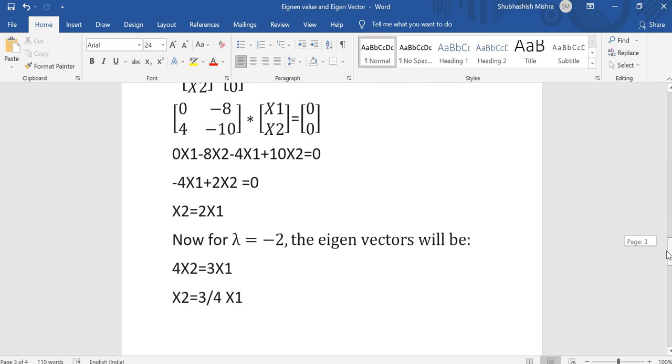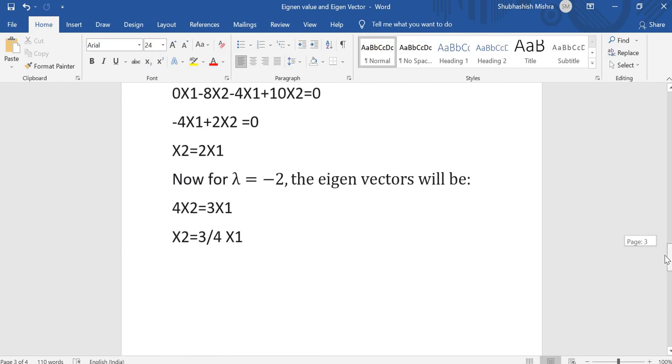Now similarly for lambda value of minus 2, if we compute, the eigenvector will be x2 equal to 3 by 4 times x1. So if x2 is 1, then x1 will be 0.25. So this is the relationship between x2 and x1 whenever we have an eigenvalue of minus 2. So this is how we compute eigenvalues and eigenvectors.